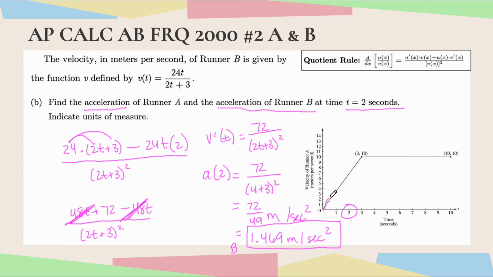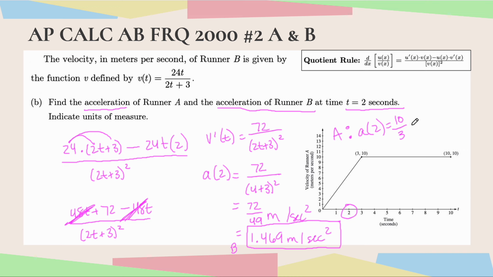Well, what is the slope here? Turns out we actually already found this slope for part A, and the slope, again, is just rise over run, right? So it's just 10 over 3. So for runner A, the acceleration at t equals 2 is just our slope, which is 10 over 3.